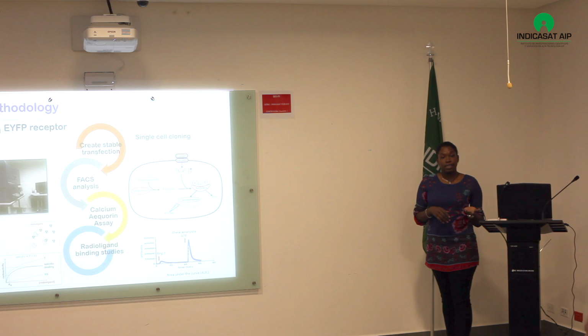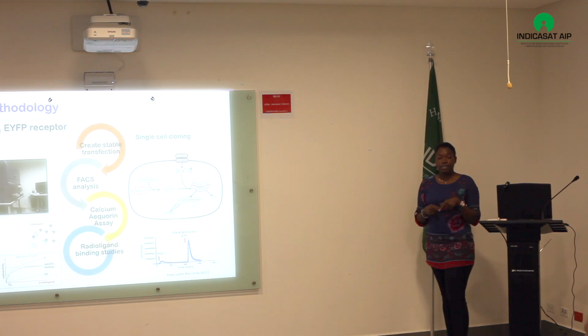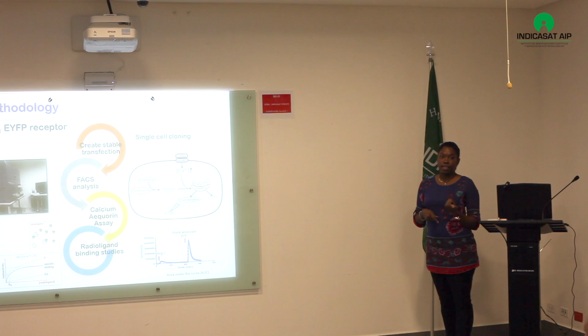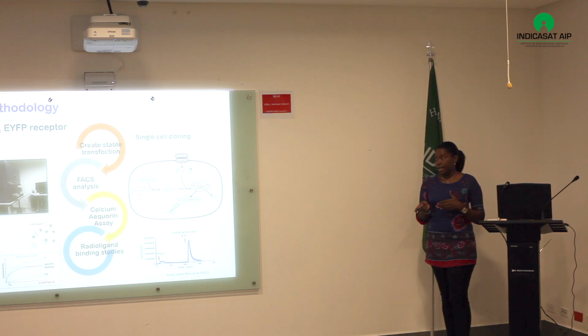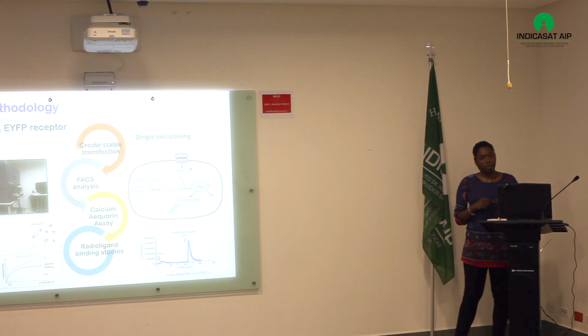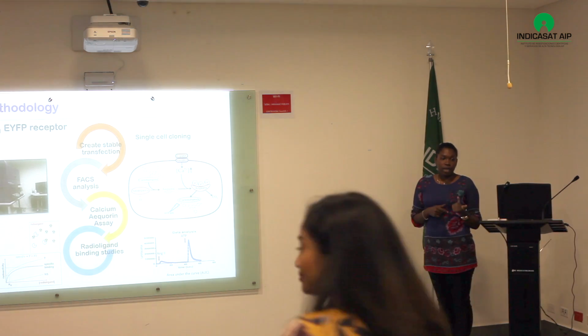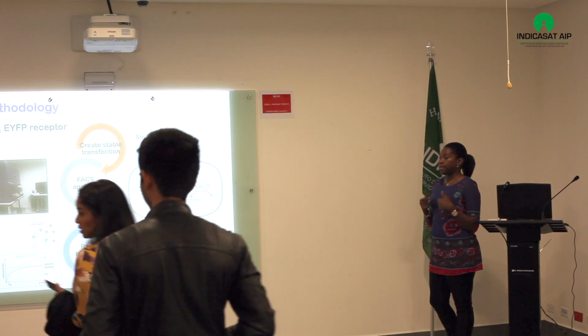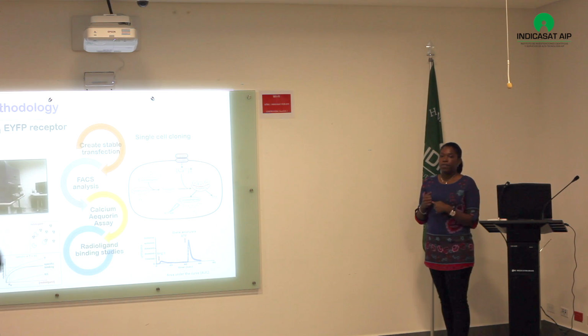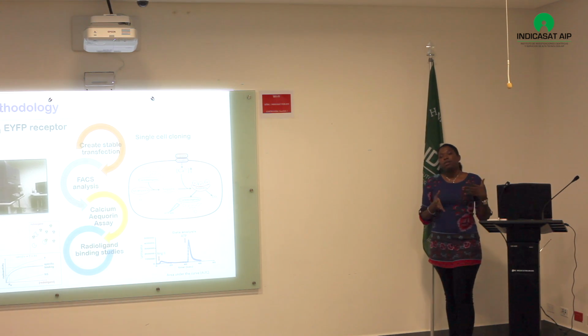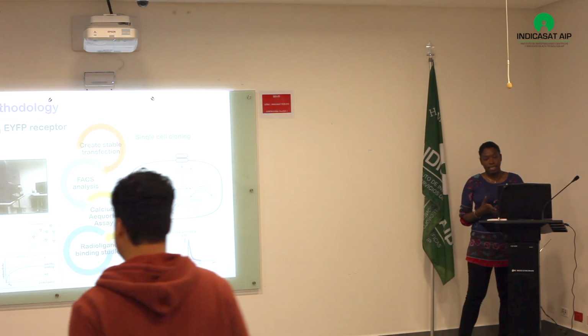For the functionality, I measured the intracellular calcium release once it was activated by the endogenous ligand using the calcium bioluminescence assay. And also to evaluate the binding affinities and the concentration of the ligands, we performed the radioligand binding assays.